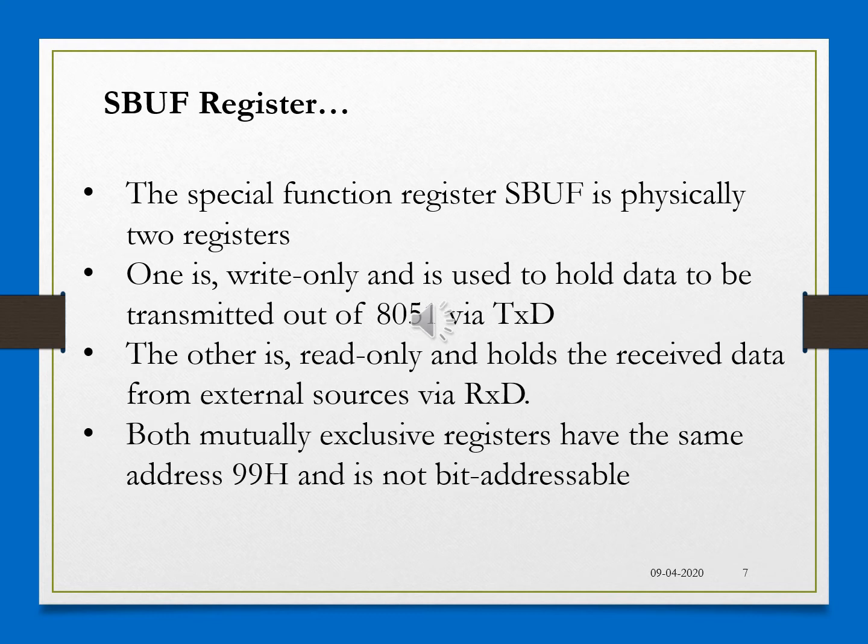One register, at the TXD line, is a write-only register, used to hold the data that has to be transmitted via the TXD line. The other register is read-only. The data coming serially, after deframing, gives you the 8-bit data, which is read-only, and that will be at the RxD line. Both registers have the same address, 99H, and it is not bit addressable.